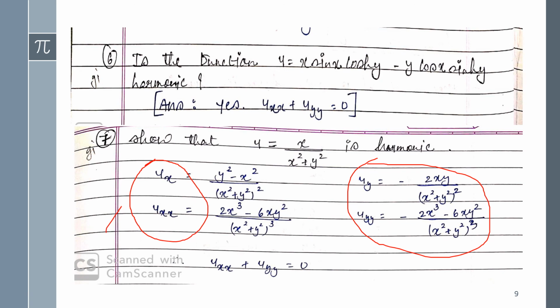Here you can see that I have directly written uxx plus uyy equals 0. It means the Laplace equation is satisfied, and since it is satisfied, we can say that this is a harmonic function.